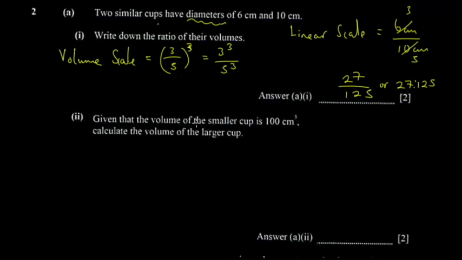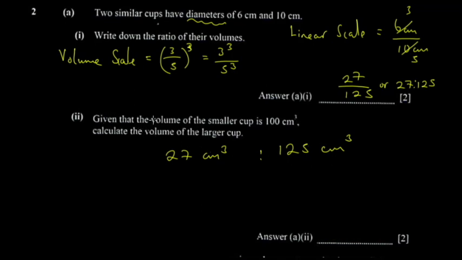And then given that the volume of the smaller cup is 100 cubic centimeters, calculate the volume of the larger cup. Okay, so here now you're dealing with a simple proportion. So it's 27 cubic centimeters, because this is the unit that you're dealing with. Which one is large? This one is small.